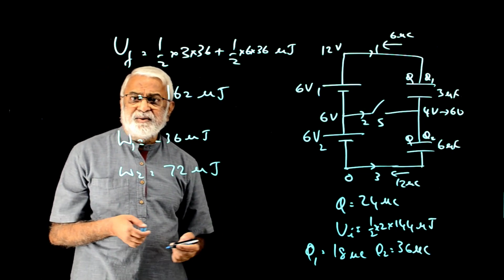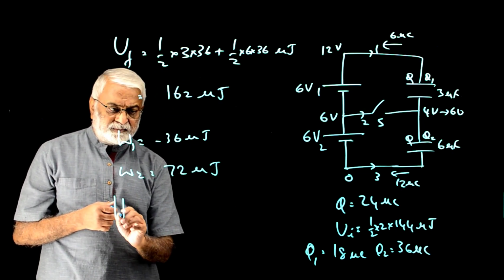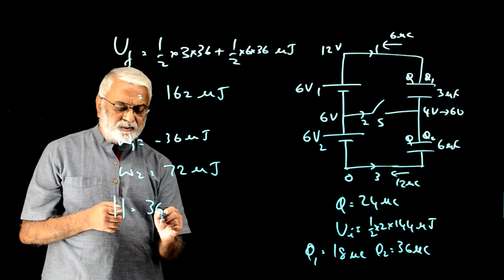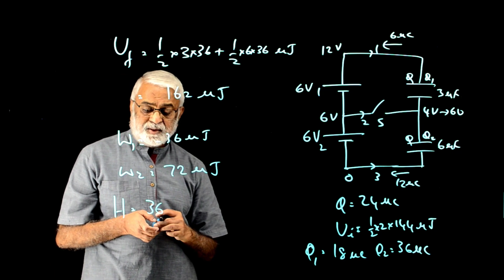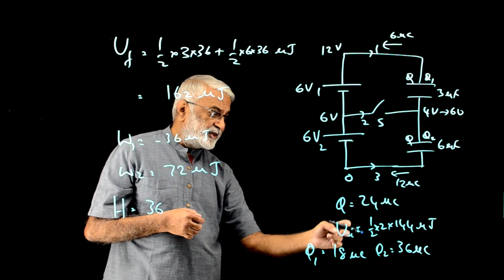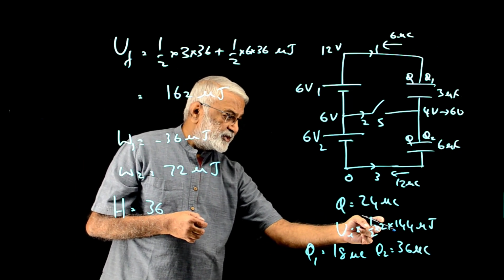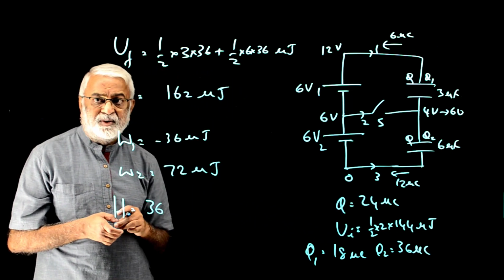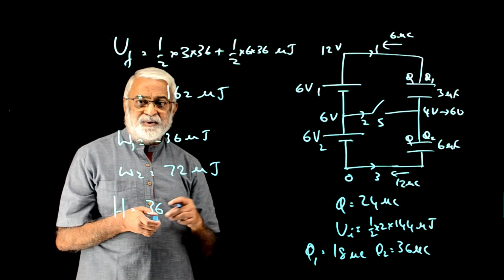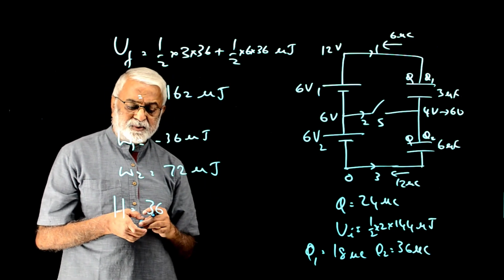So you can find the heat evolved as work done, the sum of these two, that is 36 microjoule, and delta U, change in potential energy. Final is 162, initial is 144, so you get a difference of 18 microjoule.